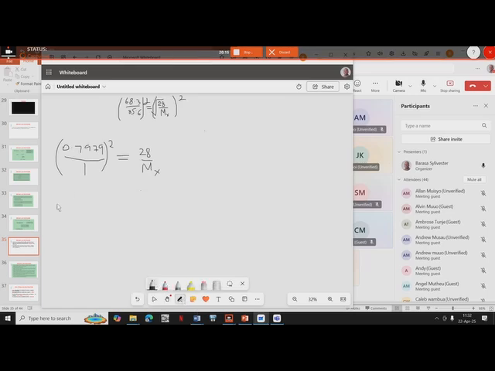0.6366. See, 0.6366, and we are dividing by 1, which will now be equal to 28 divided by mx.